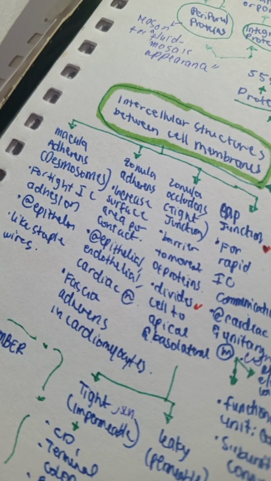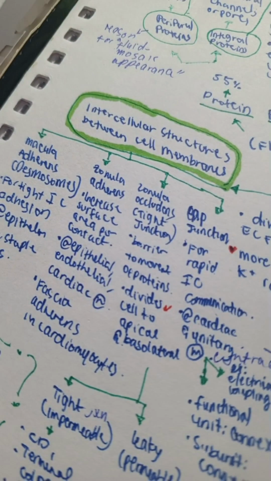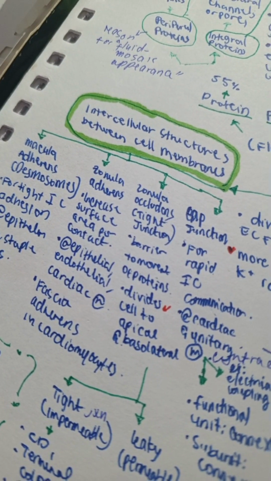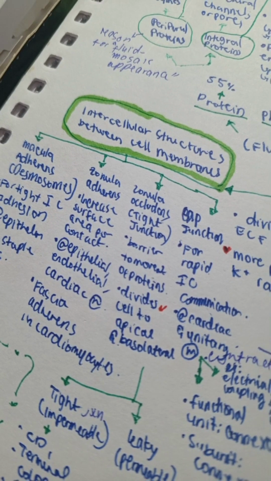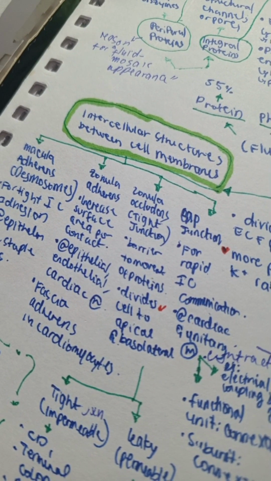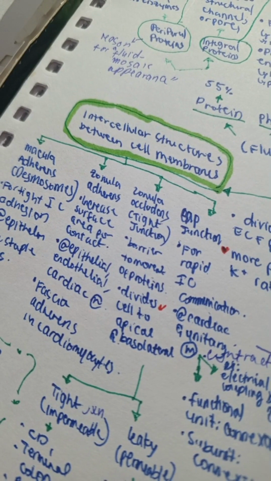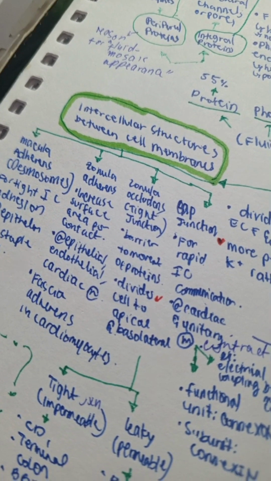And aside from the macula adherens and the zonula adherens, we also have the zonula occludens, also known as the tight junction, and it serves as a barrier to movement of proteins. These zonula occludens, or tight junctions, divide the cell into an apical and a basolateral portion.